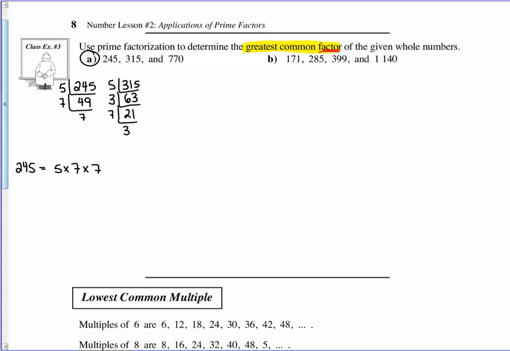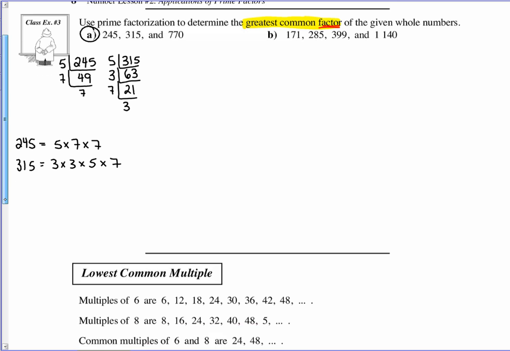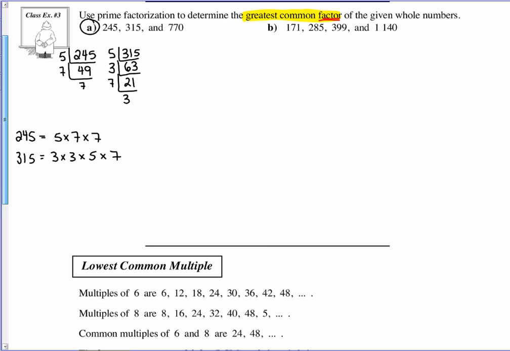So when we list them, it doesn't matter the order. You might have had a different order. Maybe you divided it by 3 first instead of 5. But we just list them from lowest to highest numbers. So we have 2 3s, 1 5, and 1 7. And it doesn't really have to, but it's a proper way. And it's easier when you're comparing what's in common.